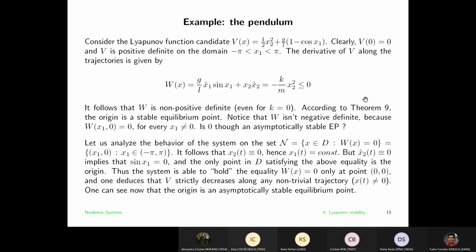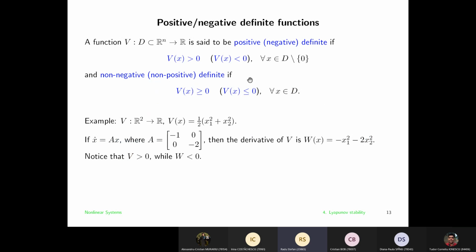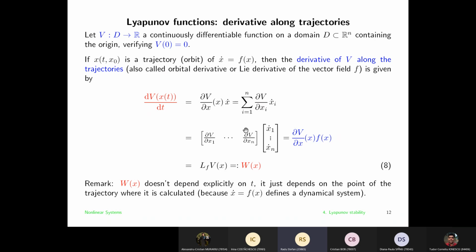No problem on that. Okay, so let's get to the derivative, right? We have to derive V along the trajectories, and I will come back to many calculations today. What was the formula for the derivative? Well, not difficult to see. You want to derive V with respect to the time, and we take the partial derivative with respect to x, and we take the derivative of x with respect to time.